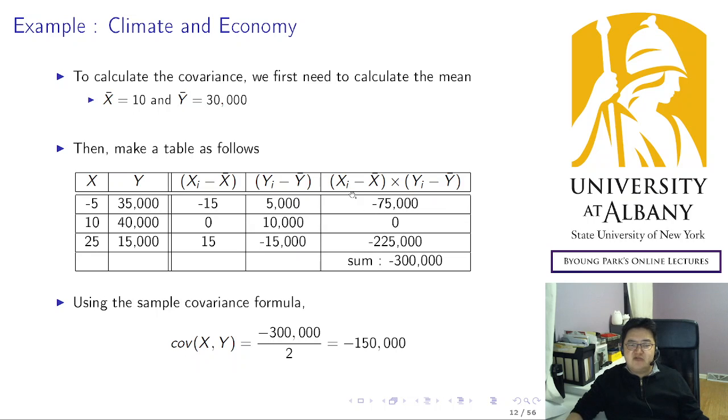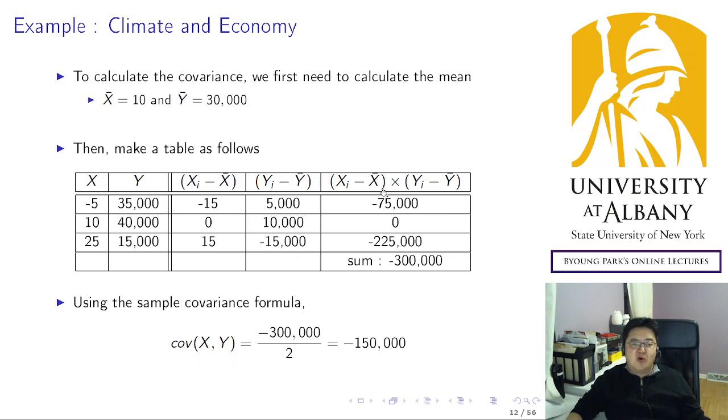There are 3 numbers, and as I said earlier, Canada has a negative number, which implies a negative relationship. Mexico also has a negative number, which also implies a negative relationship. And the US has 0, since 0 times 10,000 is 0. So clearly it's overall negative.